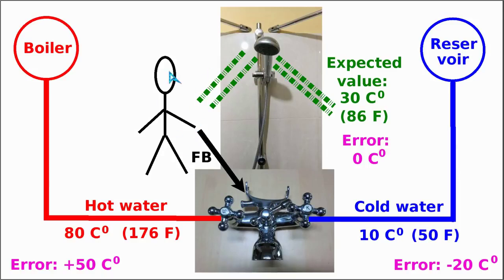After we have discussed this feedback loop, let us also think about, is this a negative or a positive feedback loop? In order to decide, let us just think about what happens when we are opening only the hot water tap. In that case, we know that the error will be plus 50 degrees C. As a result of this plus 50 degrees C error, our poor controller is then probably loudly screaming below the shower head.